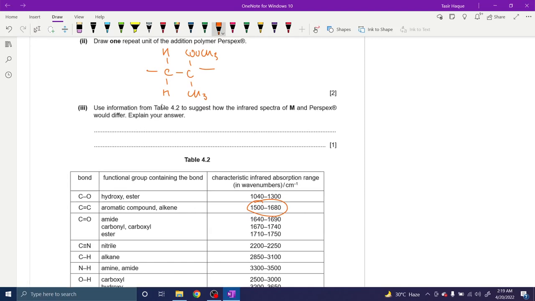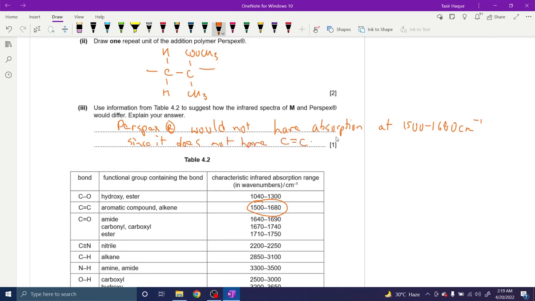So we can say that Perspex would not have an absorption at 1500 to 1680 per centimeter, since it does not have the alkene or the C=C, right?